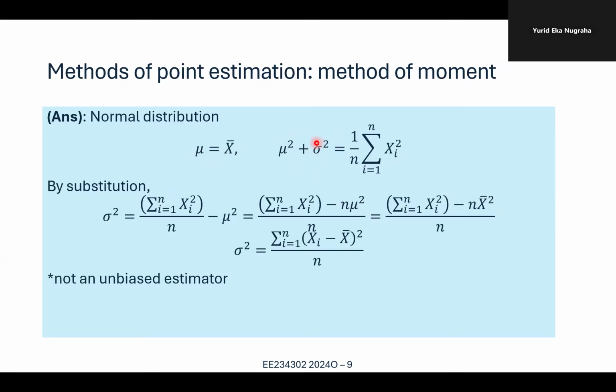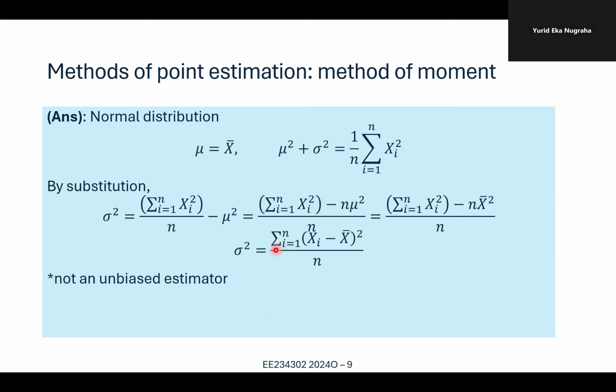So sigma square is 1 over n times the sum of xi square minus mu square. Now we get this divided by n, the sum of this minus n times mu square.